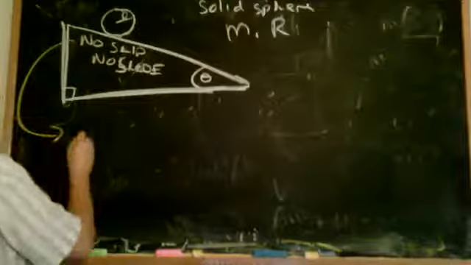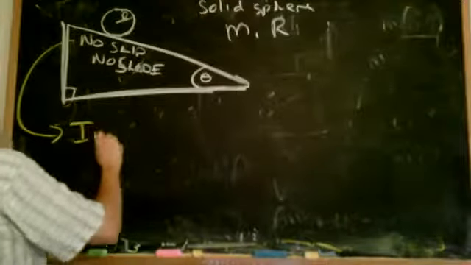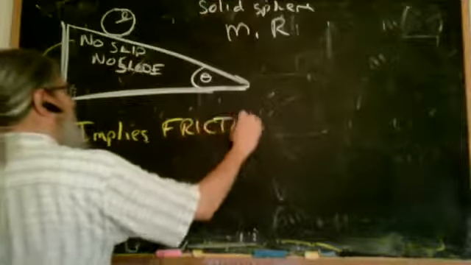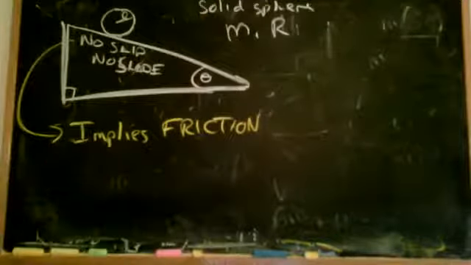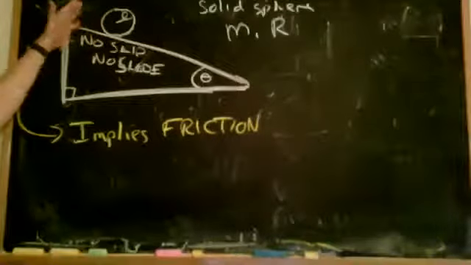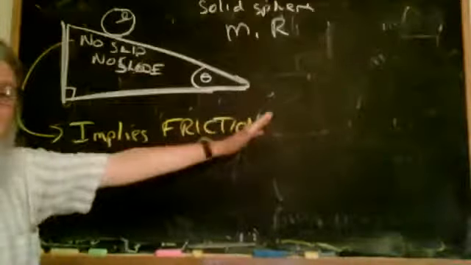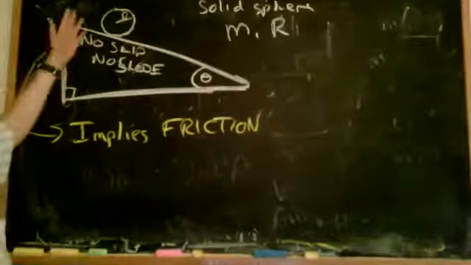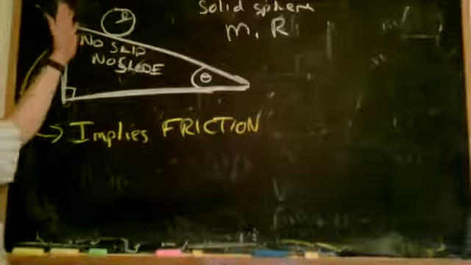No slip, no slide implies friction. Because if there was no friction, then this was glare ice, and the ball would just slide right down without rolling. It wouldn't need to roll. It would just be like a brick on glare ice. It would just go down.